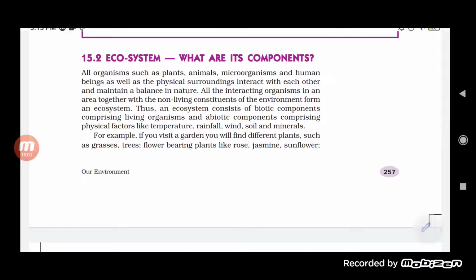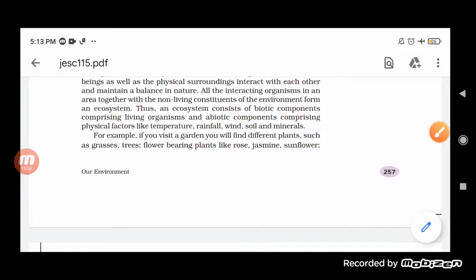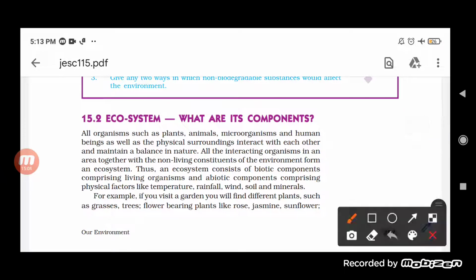So see here, all the organisms such as plants, animals, microorganisms and human beings, as well as the physical surroundings, interact with each other and maintain a balance in nature. They are called the ecosystem.